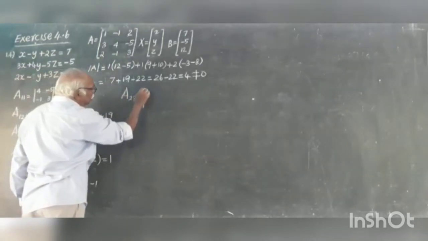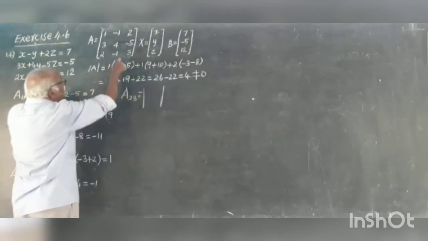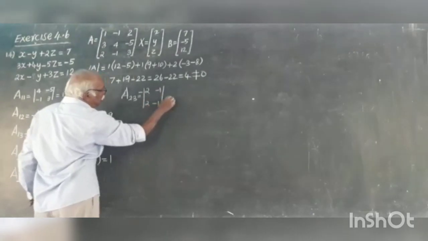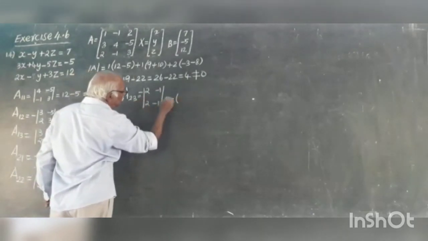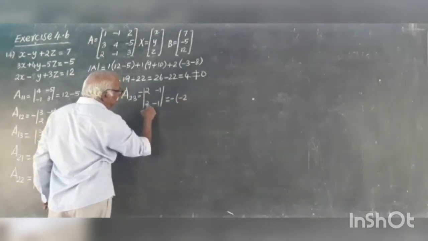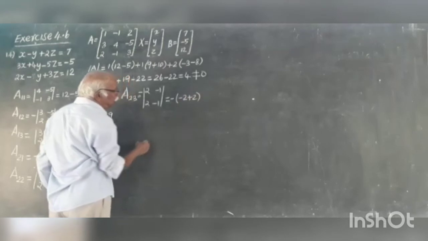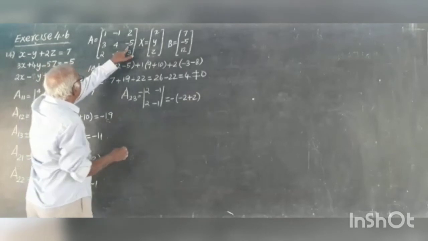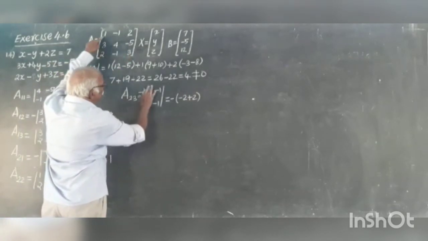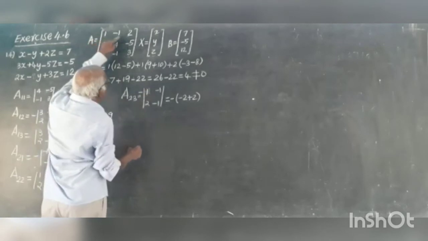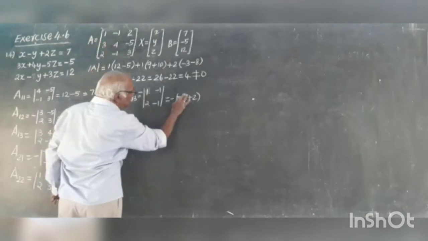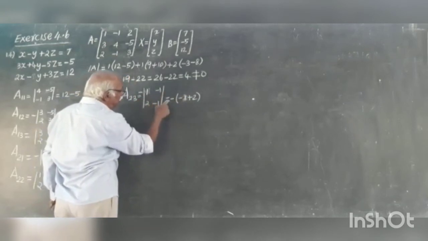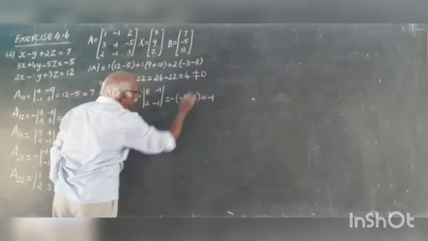A23: negative 1 minus 1, 2 minus 1, is equal to minus of 2 into minus 1 minus 2, again minus 2 plus 2. Sorry, A23 is this: 1 minus 1, 2 minus 1, is equal to minus of minus 1 minus 2, minus of minus 2 plus 2, is equal to minus 1.